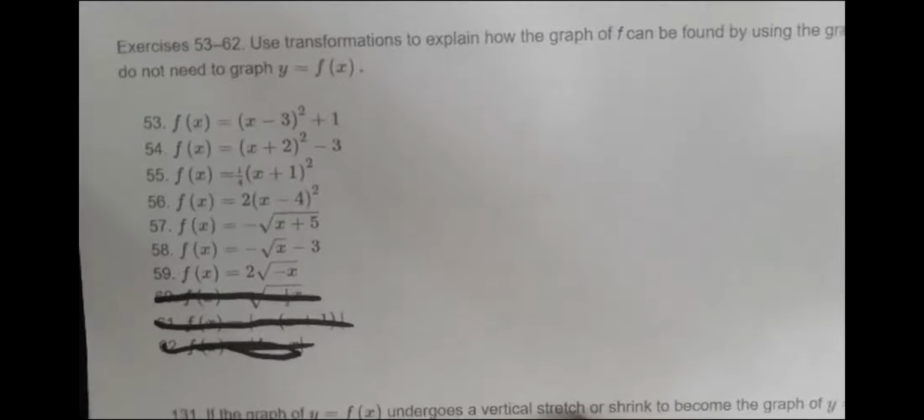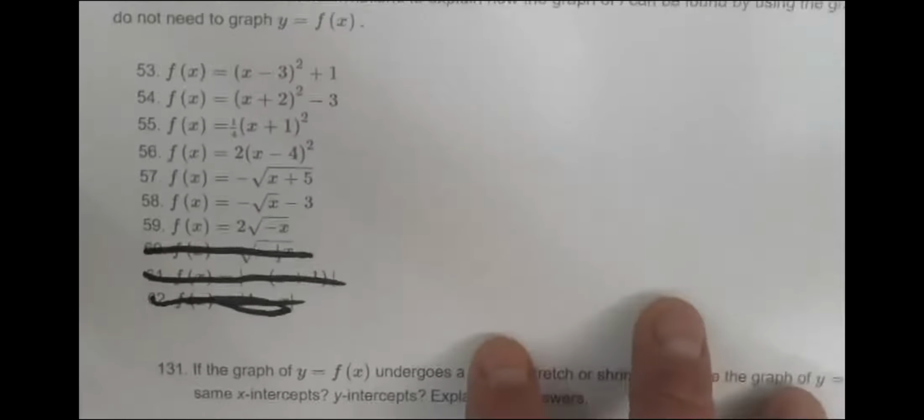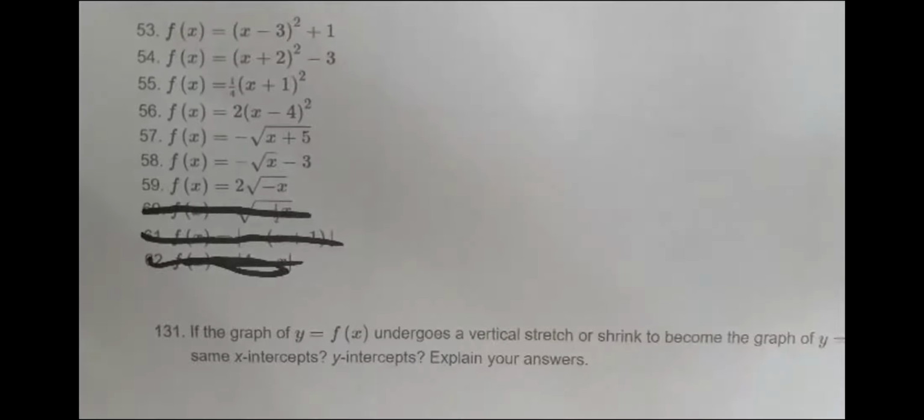So we have a few examples. They say use transformations to explain how the graph can be solved from the parent functions of the square root, the square function, or the absolute value. They say you don't need, we're going to graph these things. We're definitely going to graph these things.